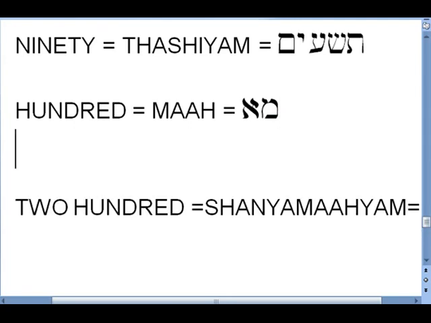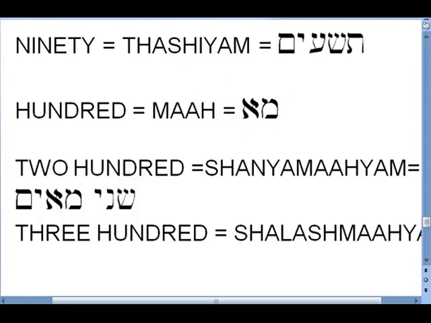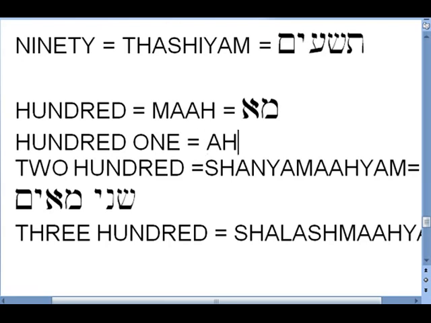If you want to make it 101, you would just put Akad Ma'ah. See? 101. Shanya Ma'ah, 102.